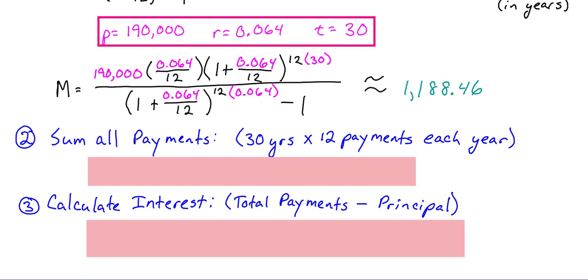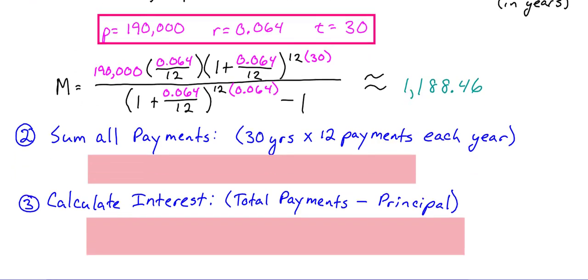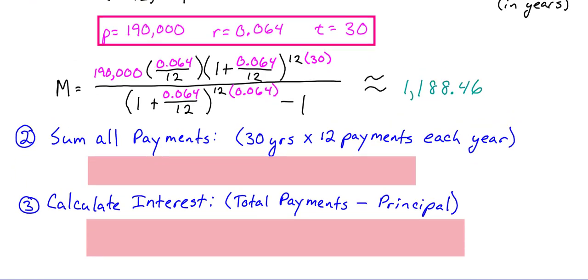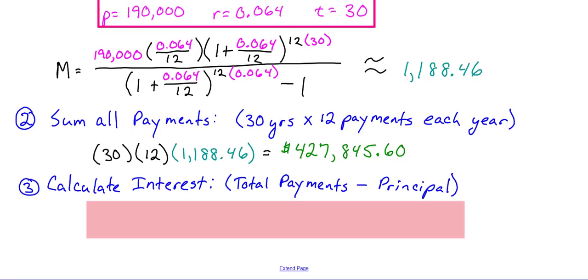So then we need to find out what is the total amount that we actually paid on that loan. How much did Heather actually pay? So we got to figure out how many payments there are. Well, if it's a 30-year loan and there's 12 payments each year, we're going to have to multiply that 30 times 12. And then we multiply the number of payments by $1,188.46, our monthly payment. So Heather will pay in total $427,845.60 for her house.